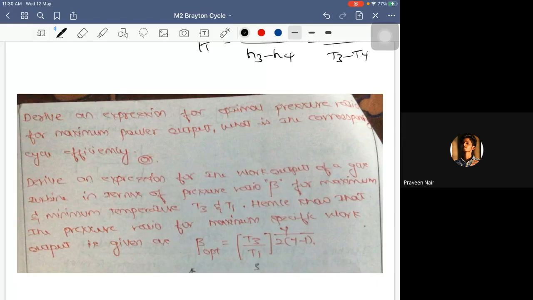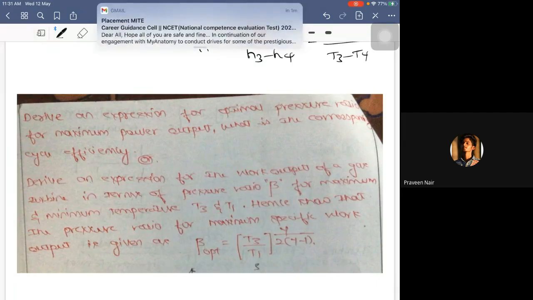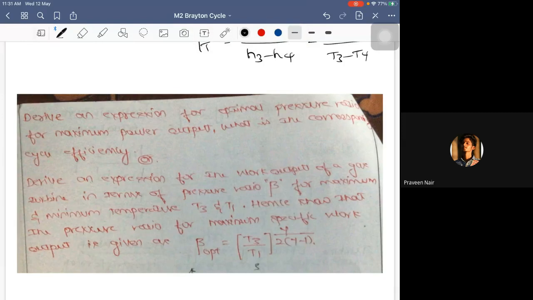So where it says to derive the optimal pressure ratio, this would be derived for the ideal Brayton cycle as well as for the actual Brayton cycle. Actual Brayton cycle is one where you get the values of eta C and eta T. Eta C is the efficiency of a compressor, and eta T is the efficiency of a turbine.